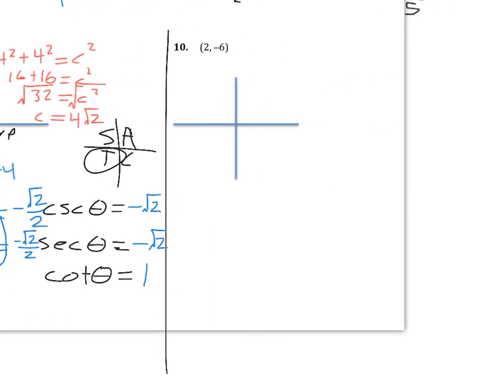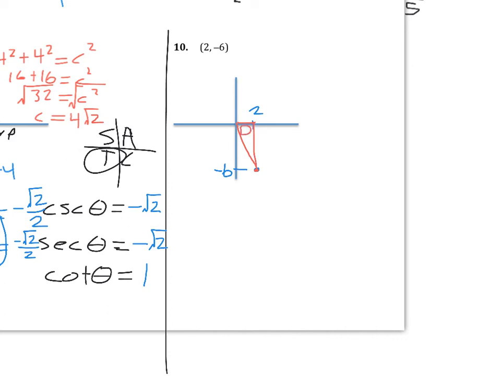Alright, number 10 is in quadrant 4, which we haven't done yet. We want 2 on the x and negative 6 on the y. Drawing the triangle, you go straight to the origin, use the x-axis, and close the triangle.